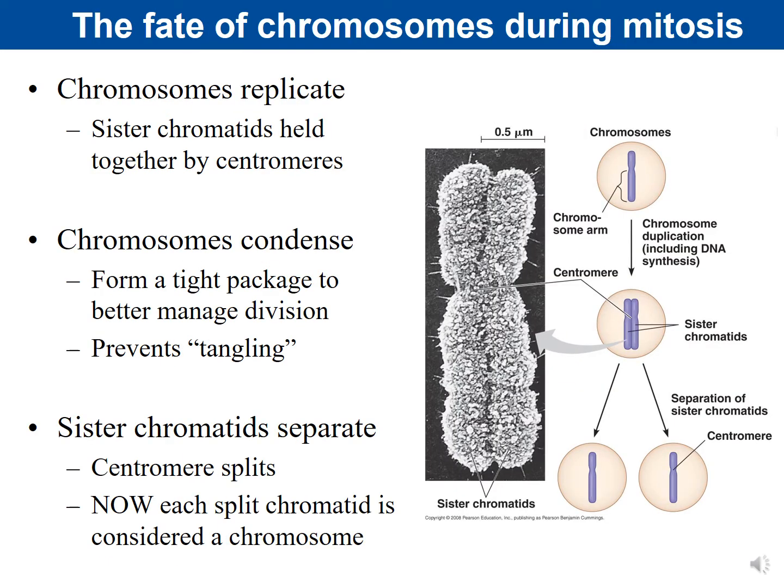Now, in order to understand what happens in mitosis, we need to talk a little bit about chromosomes. So again, if we look here, this is our chromosome. And so this would be our chromosome in, let's say, G1. G1 is gap 1. Now, again, in S phase, DNA is going to duplicate.